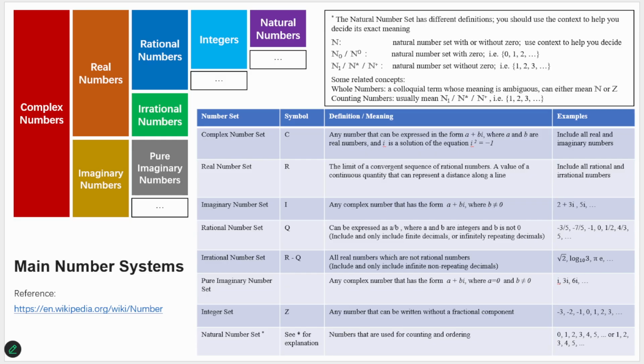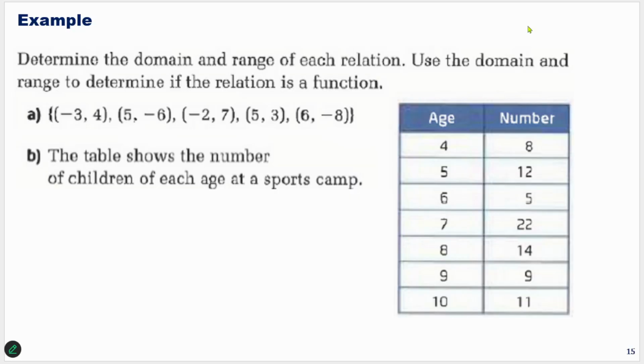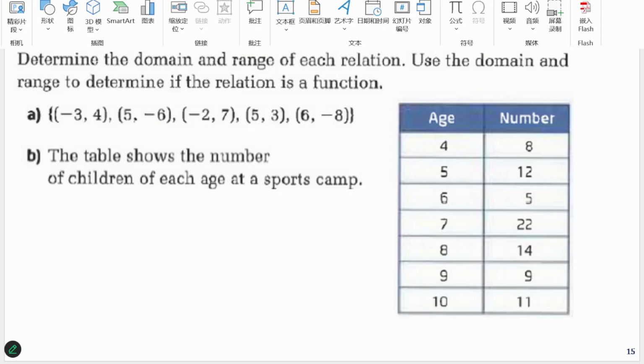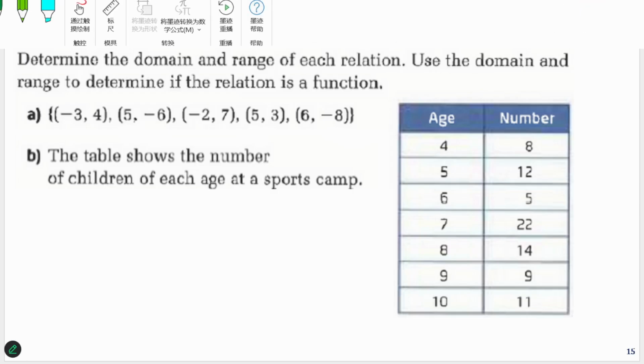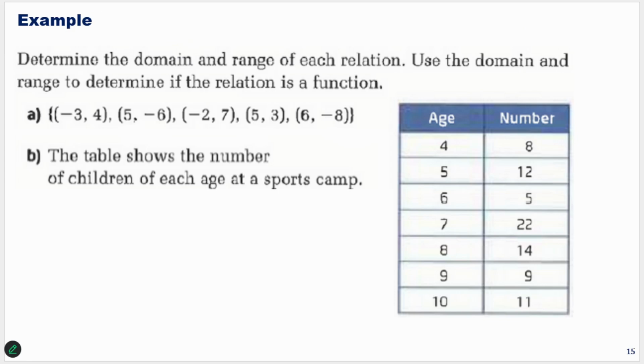Okay, so next let's have a look at an example to check your understanding of what we have learned so far. You're given a table here. Determine the domain and range of each relation. The table describes some sort of relation, from age to number.